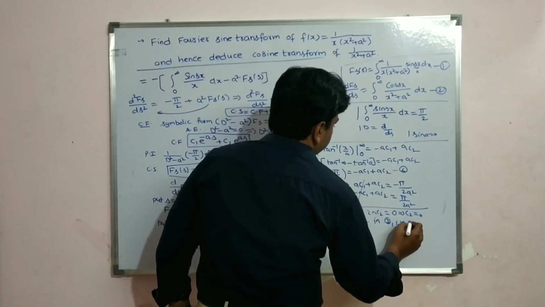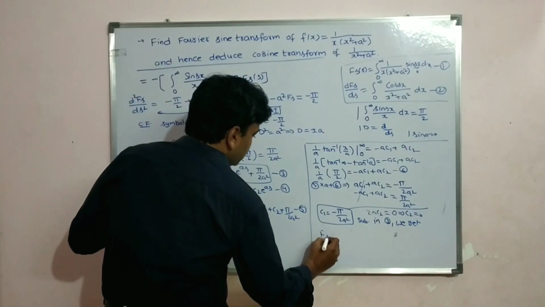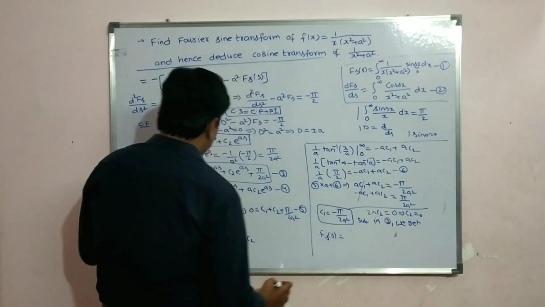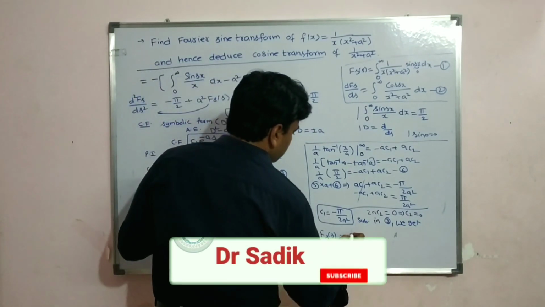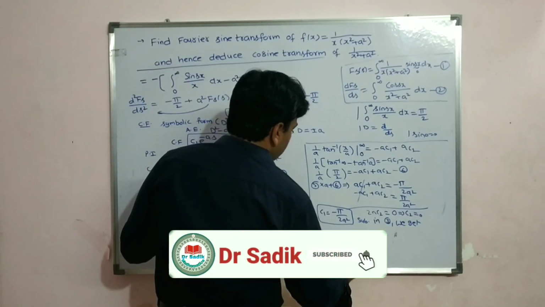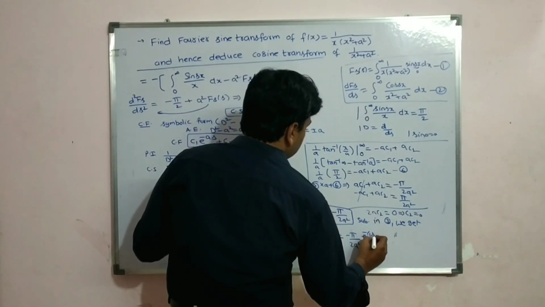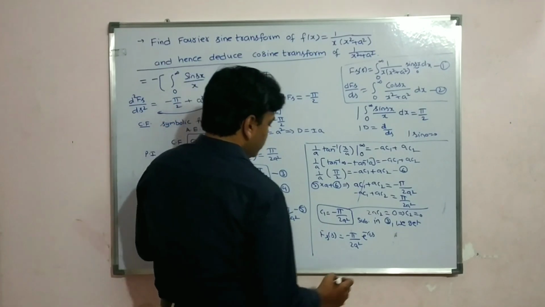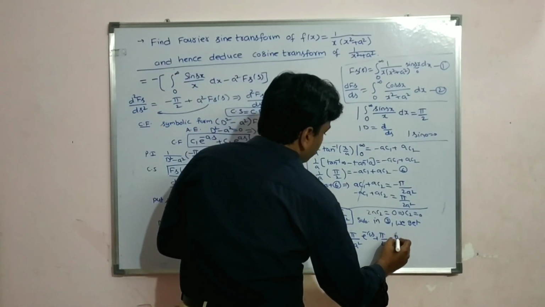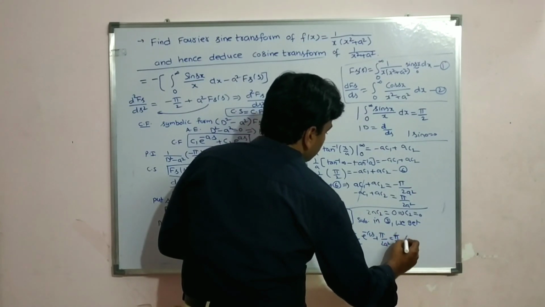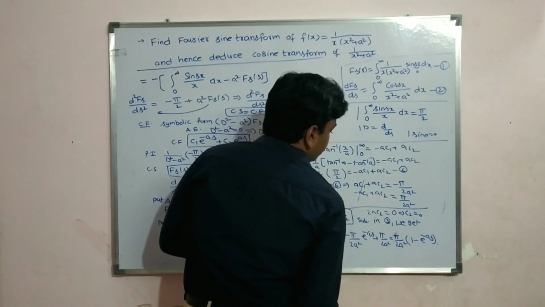We get Fs(s) equal to c1 value, minus π/2a² e^(−as), c2 value 0, plus π/2a². Taking π/2a² common, we get 1 − e^(−as).